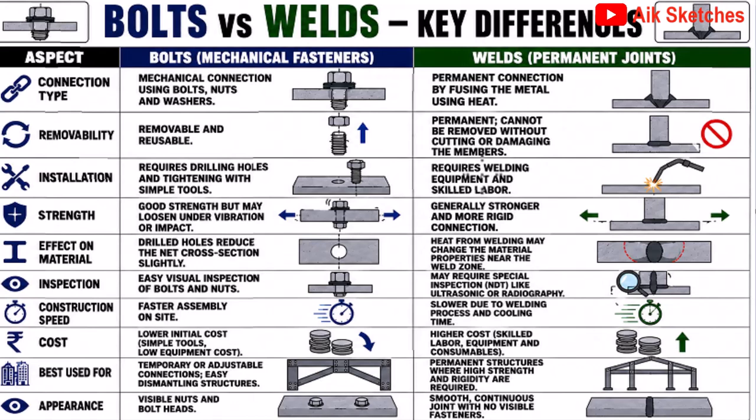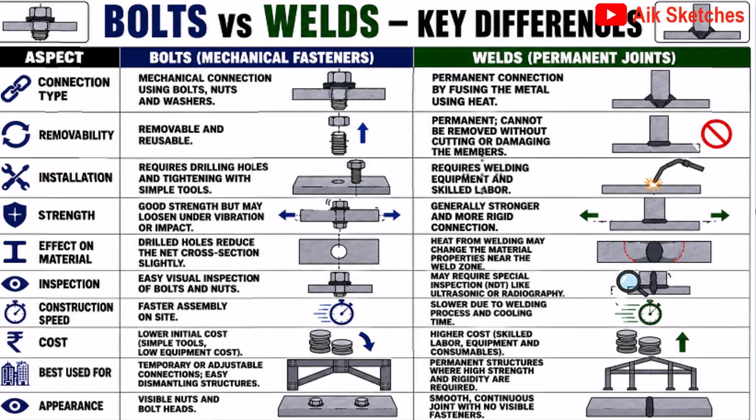Whereas where you want to use bolts for a connection, it is best used for temporary, adjustable connections, structures that are easy to dismantle in case you want to easily move it from one place to another. Bolts are best used for that particular instance.